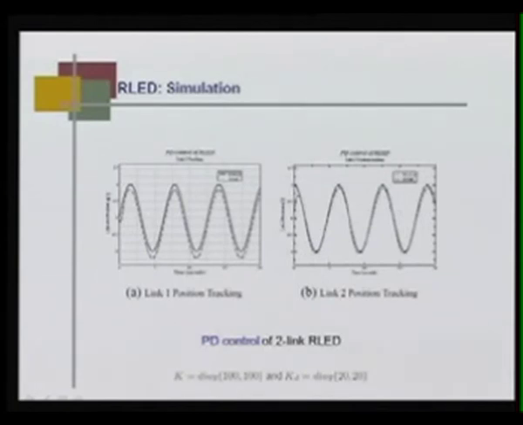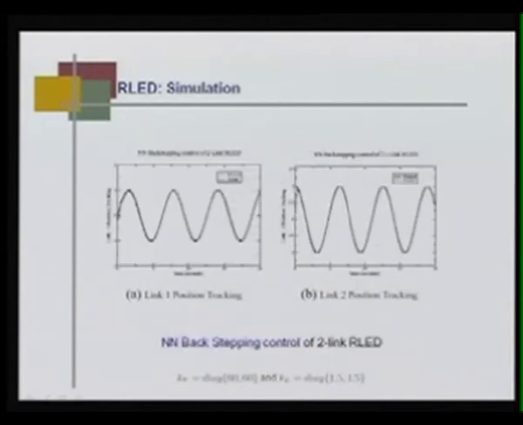This is PD control of the rigid link electrically driven manipulator. Okay, this is a PD control, and you see that with the proposed backstepping control the tracking error vanishes.